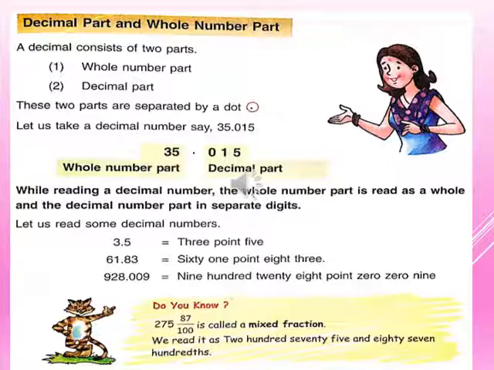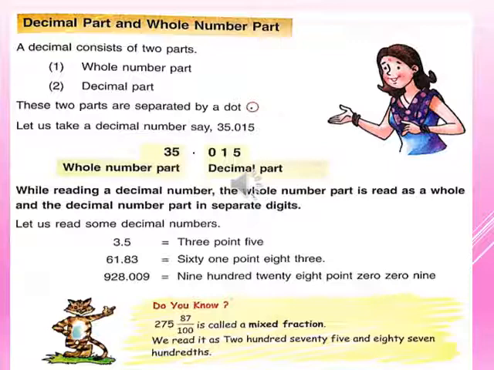If you are taking some number like 35.015, then there are three different parts. 35 is called the whole number part, then the decimal point, and after that whatever numbers are there belong to the decimal part. In this number 35.015, 35 is the whole number part, then the decimal point, and then 015 is the decimal part.